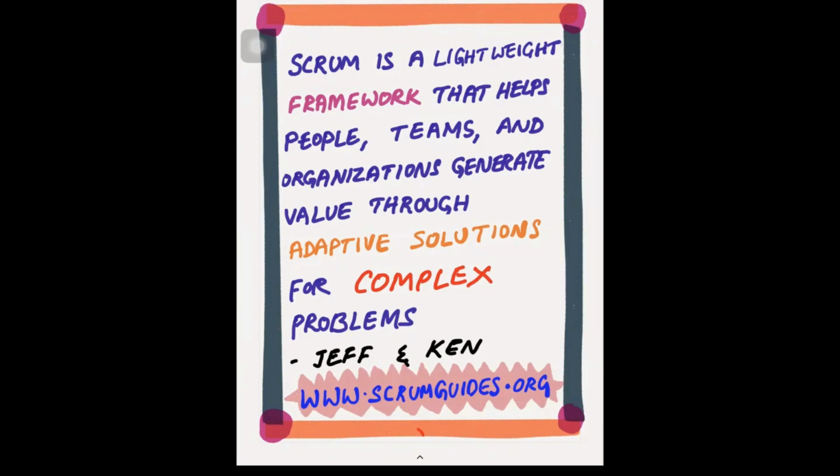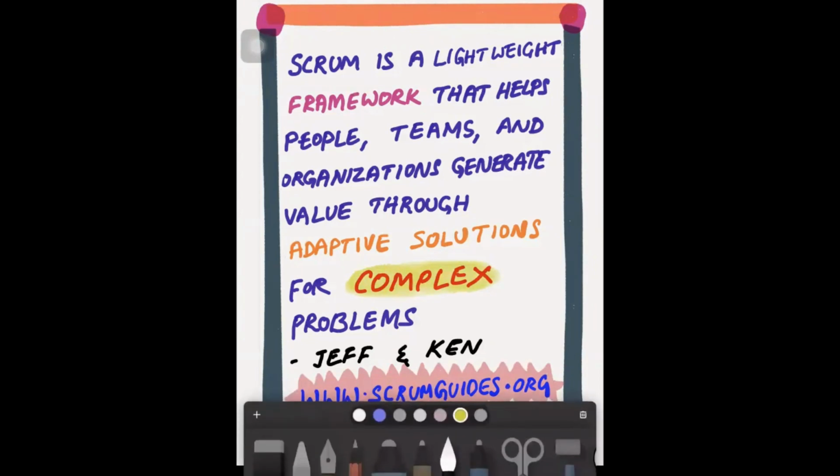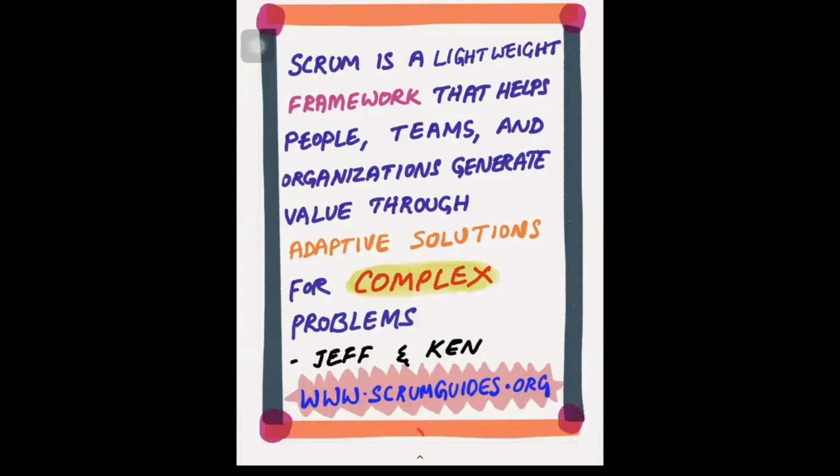Let's dig a little deep into this definition. First of all, we'll start with this word complex. We just discussed it. Complex problem means unknown is more than known. So when you're trying to solve a complex problem where unknown is more than known, the first solution may not be the best fit and right fit always.